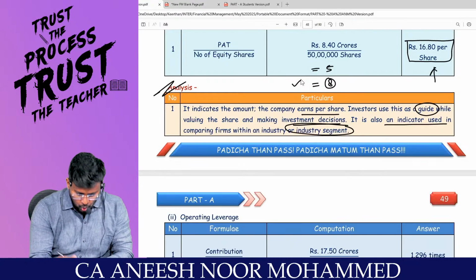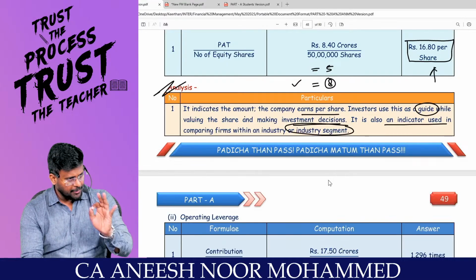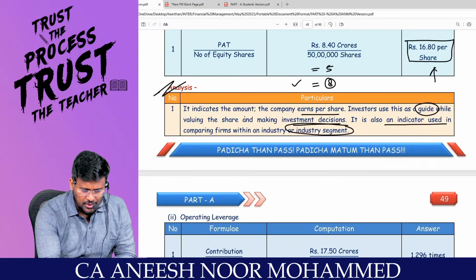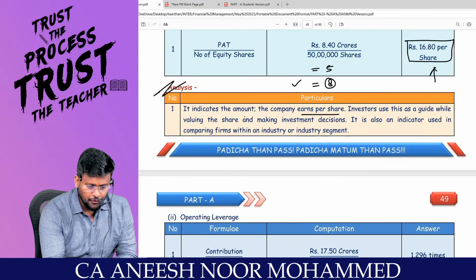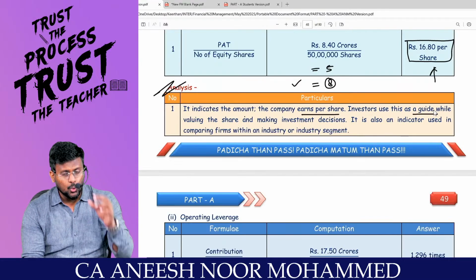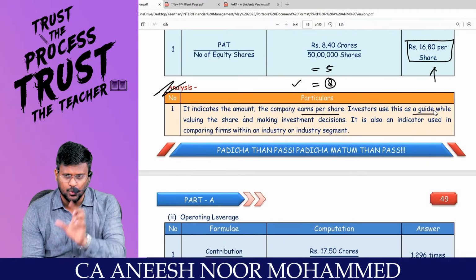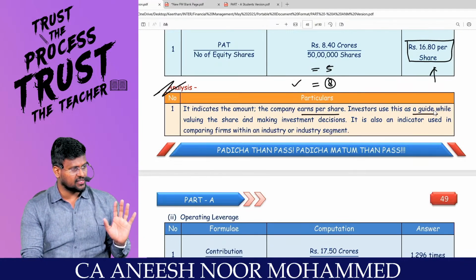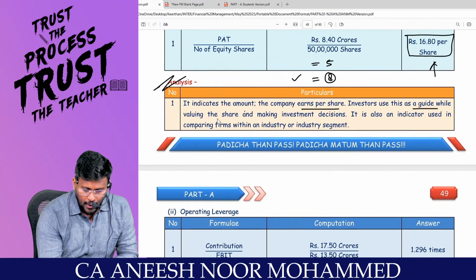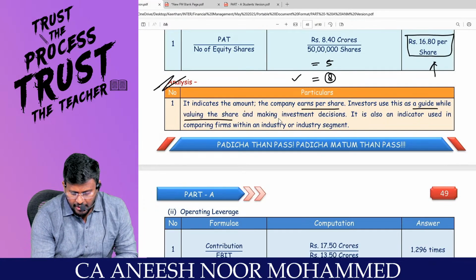Comfortable? So, it indicates the amount the company earns per share. Generally, EPS means how much one share is earning. Investors use this as a guide. Sir, if you have to invest in one company, for example, ANM classes, you will be checking the share value. The share value of the ANM classes will be decided by the EPS of the ANM classes. Are you all with me? So, investors use this as a guide while valuing the share and making investment decisions.